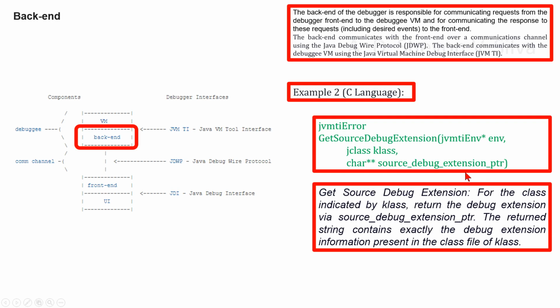The returned string contains exactly the debug extension information present in the class file of klass. This one may only be called during the start or the live phase. As optional functionality, it might not be implemented for all virtual machines.